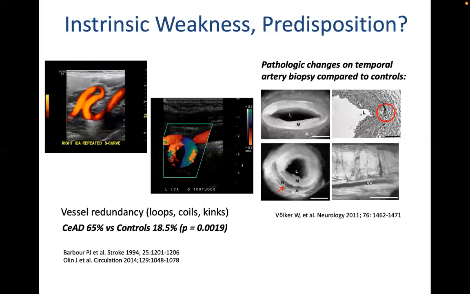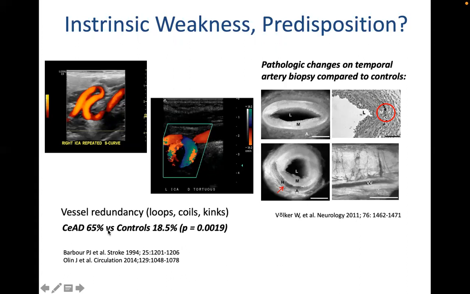So in terms of intrinsic weakness or predisposition, there is imaging data showing that arterial tortuosity or S curves, as you can see on this carotid on the left, and loops is much more common in patients that have cervical artery dissection as compared to healthy controls.